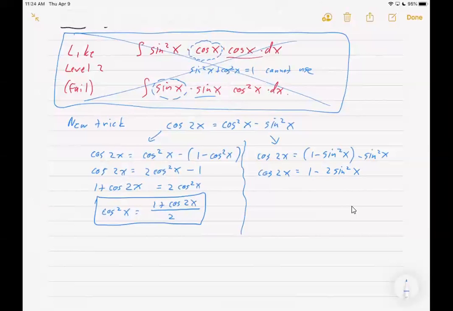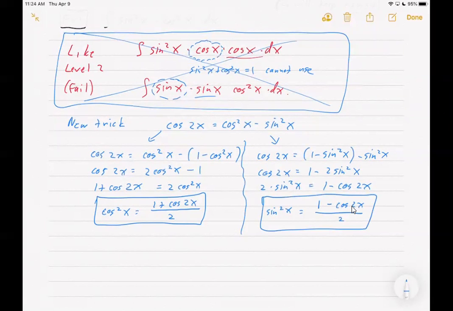Let's switch some sides. Bring that over to the right by adding 2 sine squared of x to both sides and subtract cosine of 2x from both sides. And now you can see, sine squared of x could be rewritten almost the same way as cosine squared, but it's 1 minus the cosine of 2x all over 2.